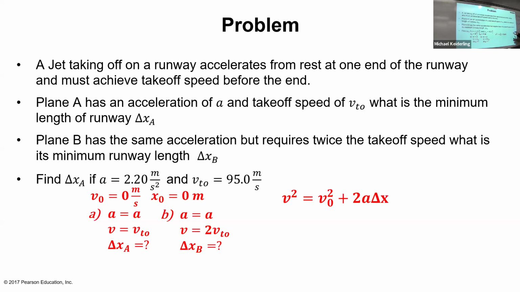We know our final velocity is our takeoff velocity and our initial velocity is 0. So this is going to go away, and this we're going to plug in v takeoff. So if we solve this for delta x, so that's our C. I didn't.